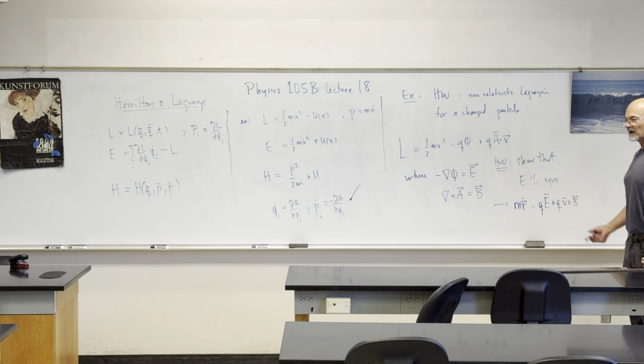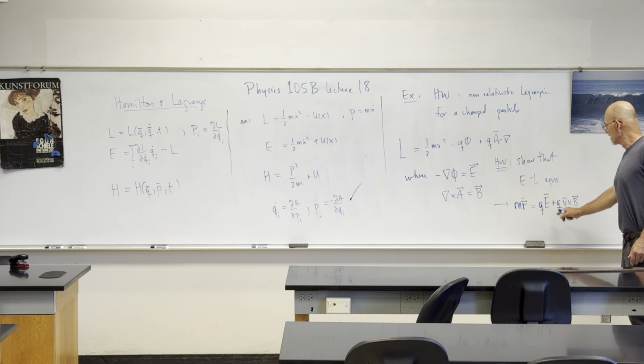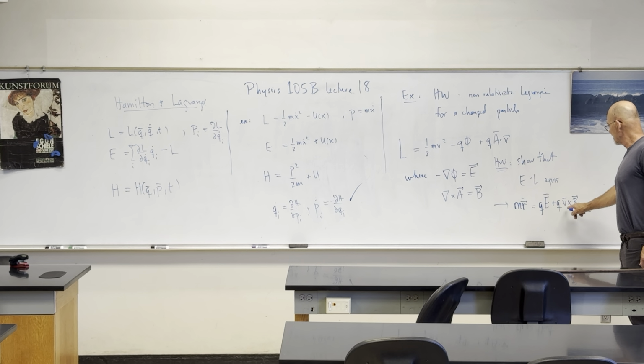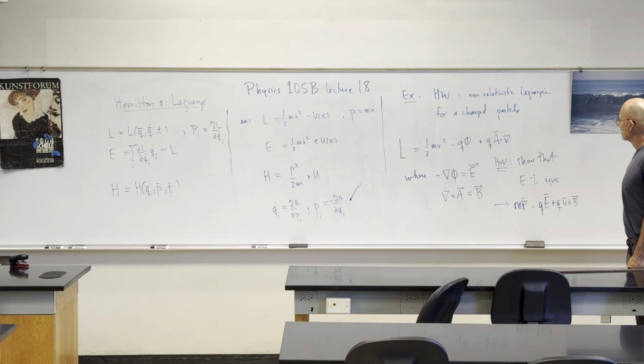Force on a charged particle in an electromagnetic field: you've got the charge times the electric field, and you've got the Lorentz force, q v cross B. So this is a good one, and after that, we're going to construct the Hamiltonian as well.